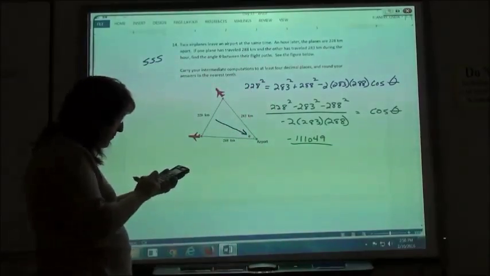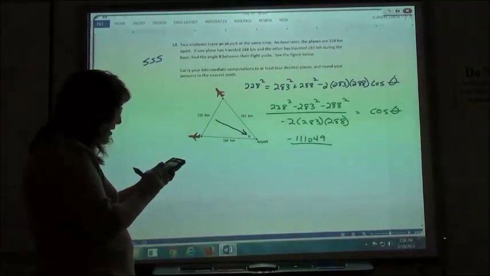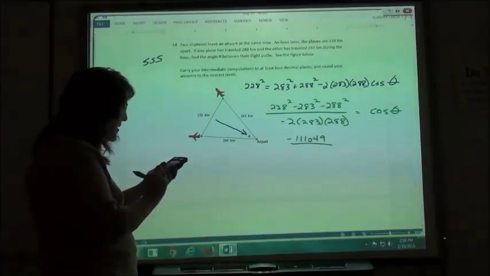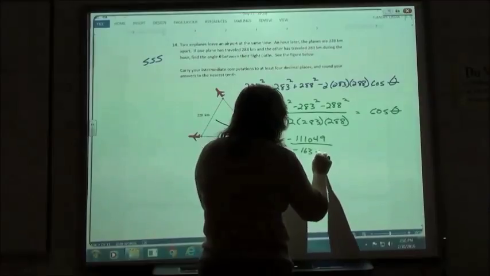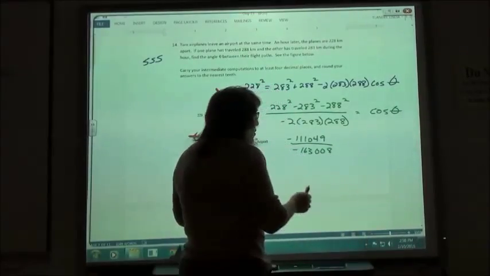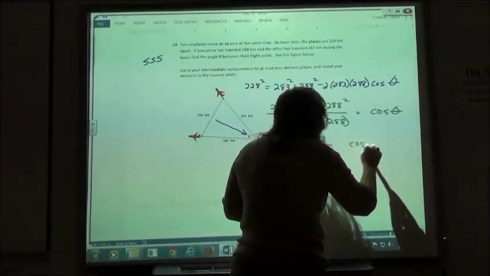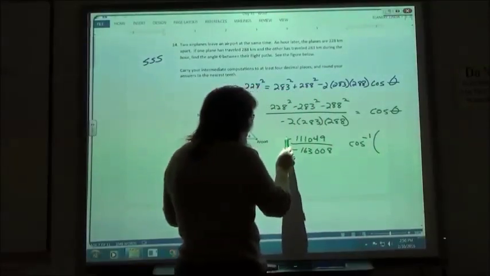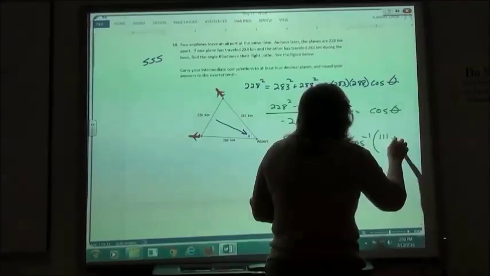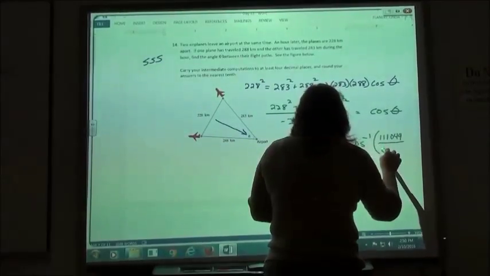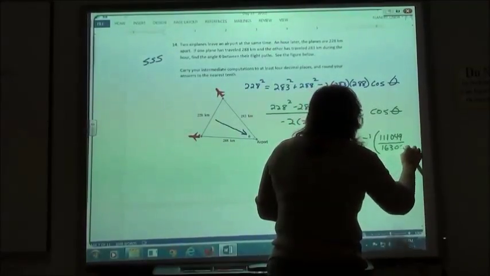On the bottom, negative 2 times 283 times 288 gives me negative 163,008. So I am going to do the inverse cosine. Since this is a negative over a negative, again I can make it positive. 111,049 over 163,008.